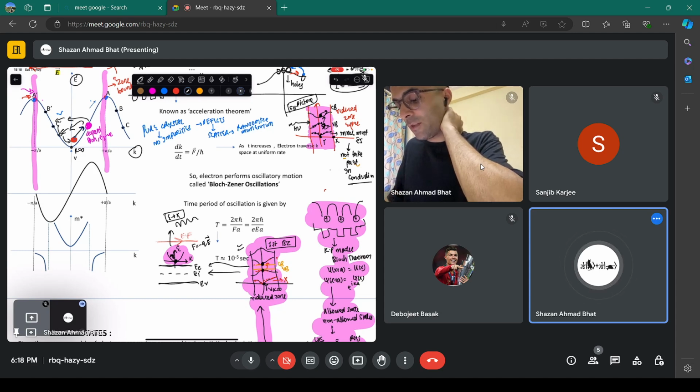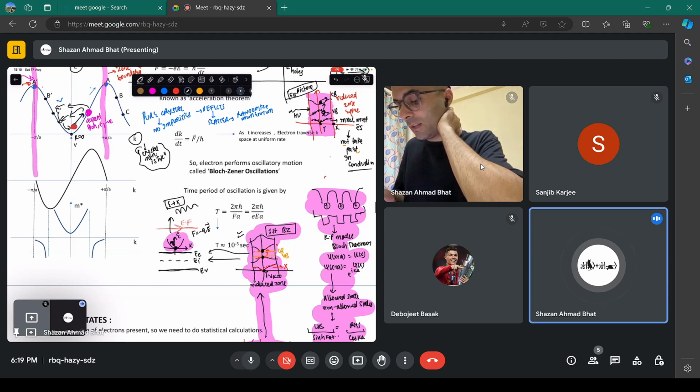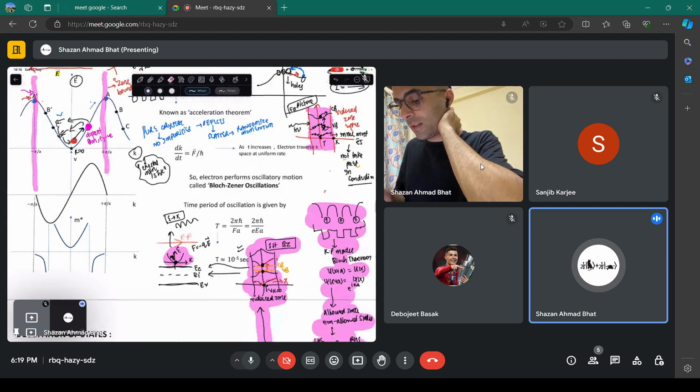So it is totally randomizing its momentum, because you know that the crystal momentum is h bar k. Because of the electron's interaction with the impurities, its momentum is totally randomized. Let's say it had some k1 value here, then it goes here with a k2 value, then it comes back and the k value keeps on changing. But that happens because there are impurities present inside.